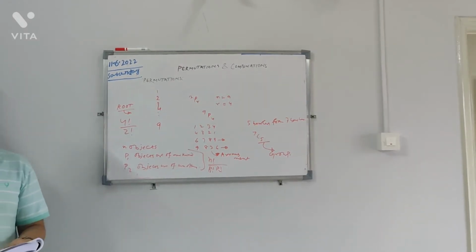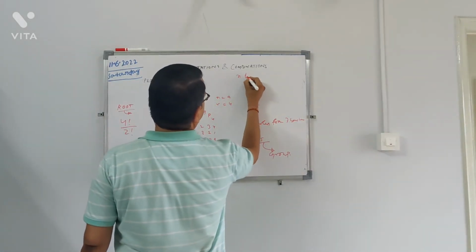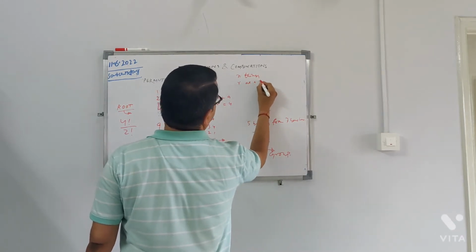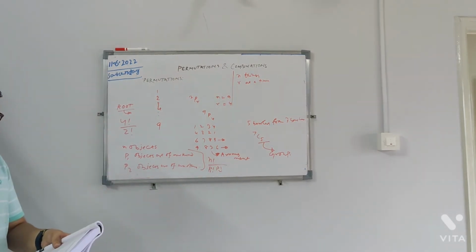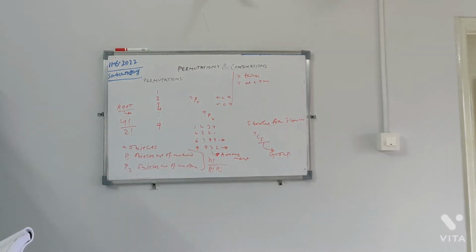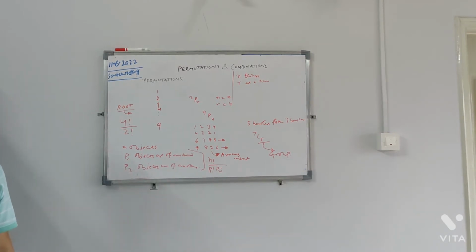Out of n things, one particular thing will always be included. You are fixing one thing. So in that case, what will be the permutation?